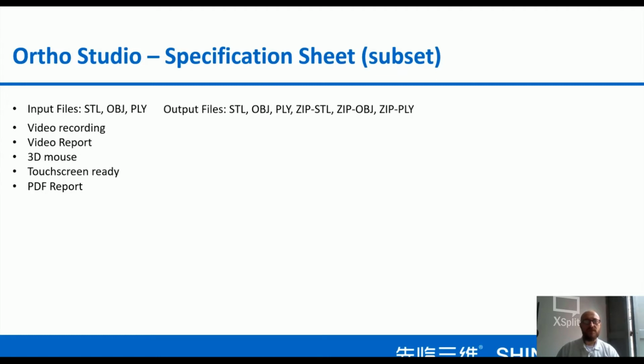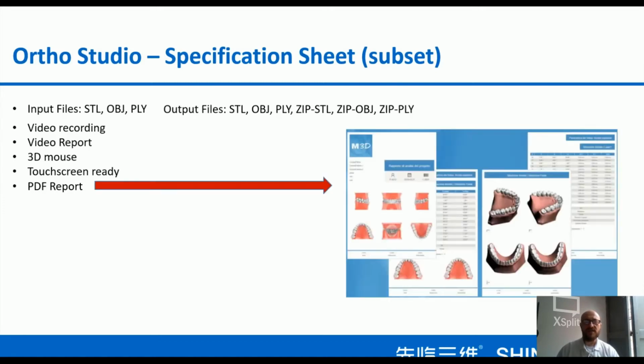The software is compatible with 3D mouse and touchscreen, and the final PDF report, let me say, is really an exhaustive and complete report, and it's perfect for sharing all the details, all the measures, all the analysis you have performed during your job, and all these data can be shared perfectly with the different stakeholders of this specific project.